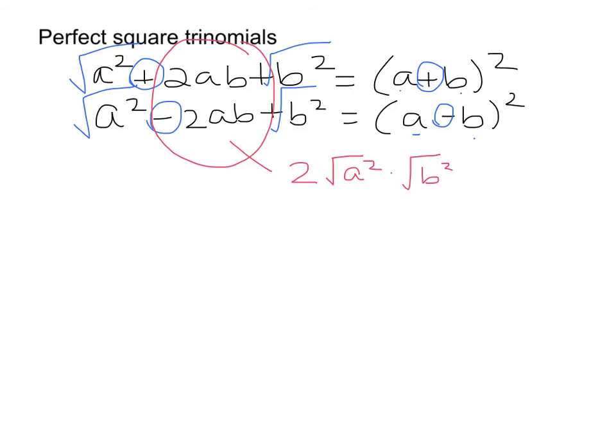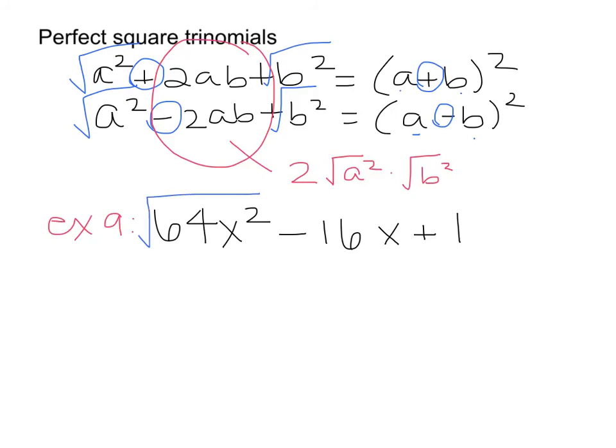So let's look at example 9. I give you 64x squared minus 16x plus 1. So, can I take the square root of 64x squared? Yes, it gives me 8x. Can I take the square root of 1? Yes, it gives me 1.